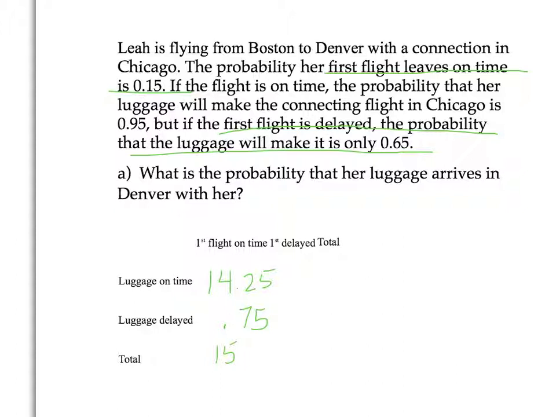So if the first flight is delayed, now, I know over here is 100, so I know that the first flight is delayed has to add up to 100 with the 15, so I know that's got to be 85. If the first flight is delayed, the probability that we'll make it is only 0.65.